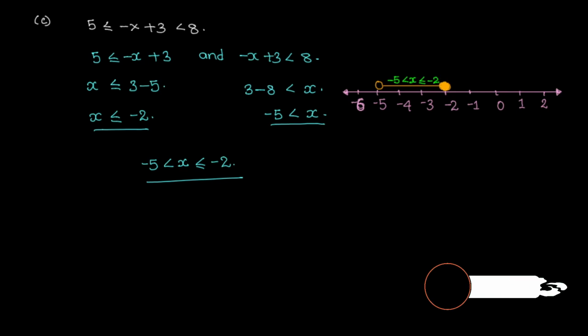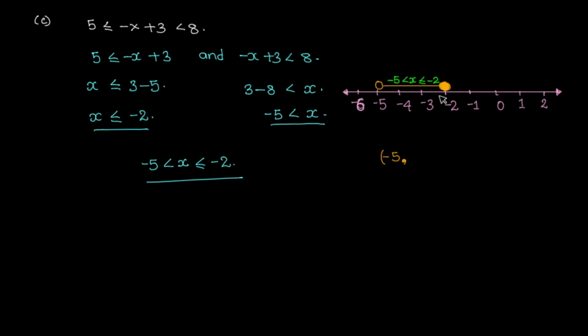Now what is our solution set? It is quite simple. We start with -5, but looking at this open circle, meaning the bracket here must be a parenthesis, and we move on to the next.